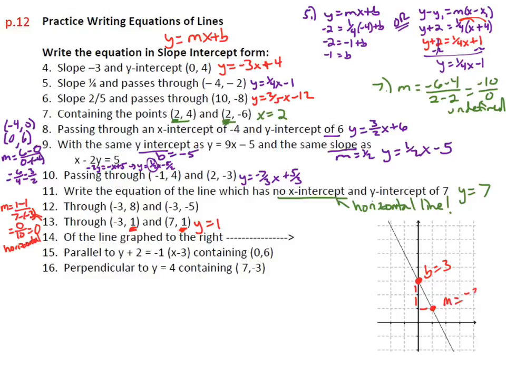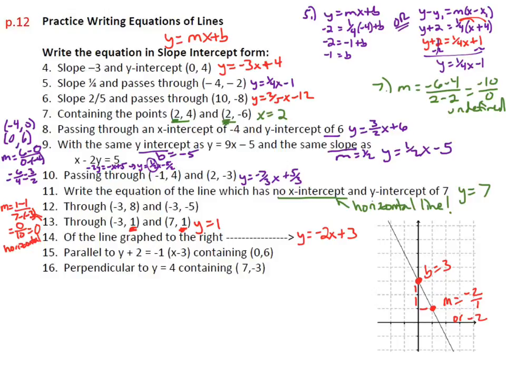So that means negative 2 over 1, or just plain old negative 2 for my slope. So the equation of the line in the graph is y equals negative 2x plus 3. The graph ones are pretty easy. Alright, a couple more and then we'll talk about standard form.